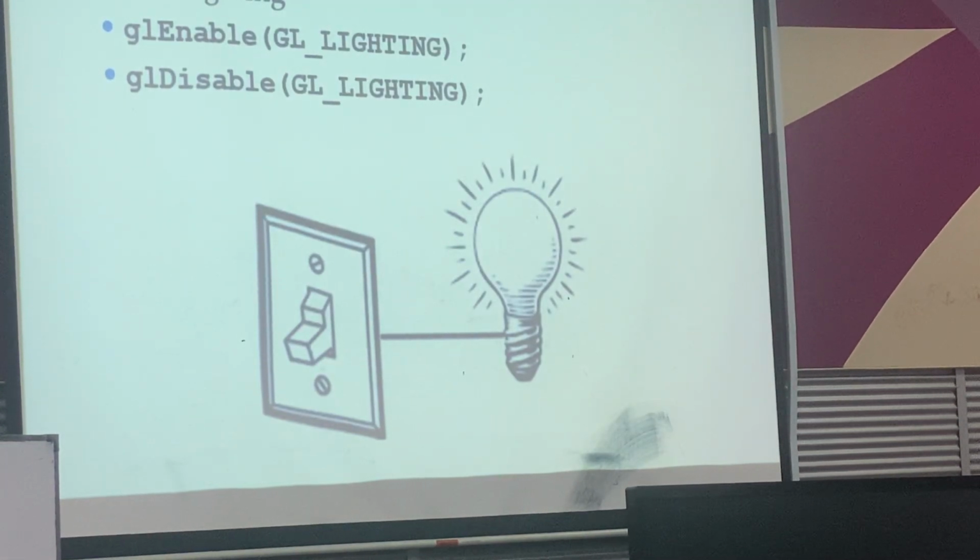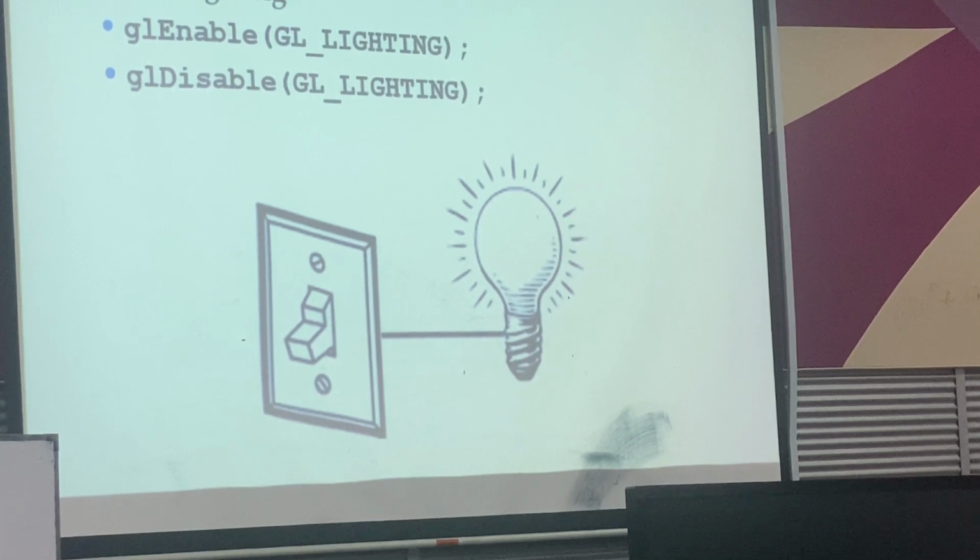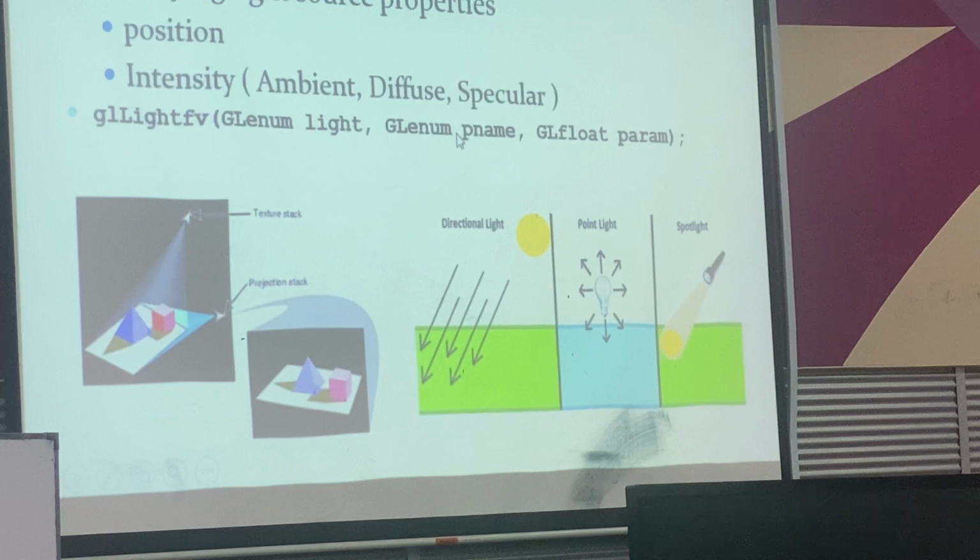To enable lighting is very easy, just call glEnable, GL_LIGHTING. If you want to turn off the lighting, then glDisable. Just like a switch: enable, disable, on, off lighting. That's the first step. After this, specifying light source properties has 2 things.